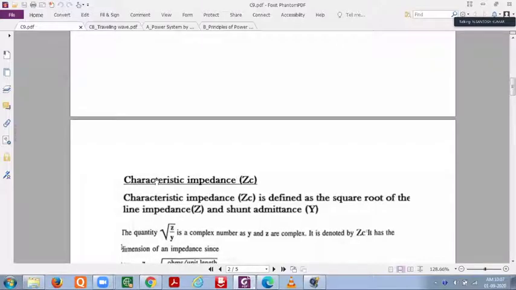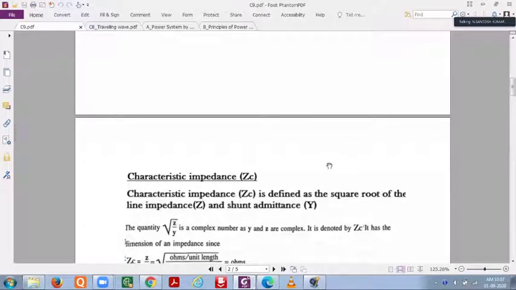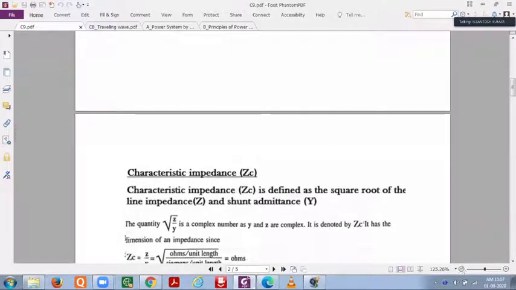Capacitor characteristic: it opposes sudden change in voltage. Now our term is characteristic impedance. Now see how the impedance is behaving when your wave is traveling in your transmission line, right? So we have a definition. I have written the definition also. Very good, nice. So it will be easy for you.